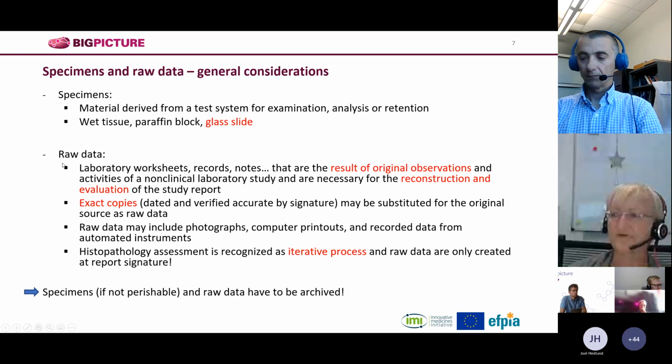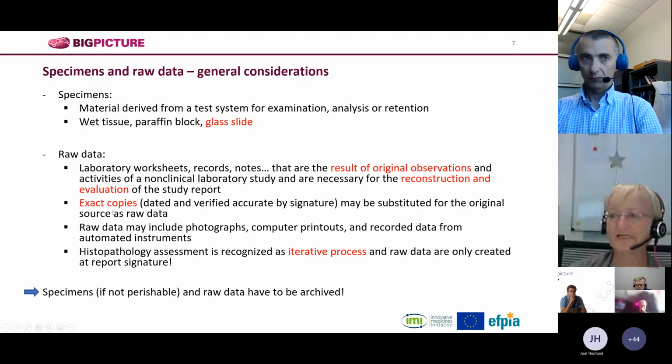Raw data are defined to be worksheets or records or notes that are the results of observations and the results of a study, and which are necessary to reconstruct a study, so to understand how a study was conducted and how results were obtained.